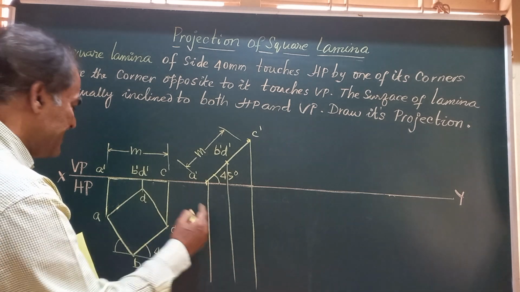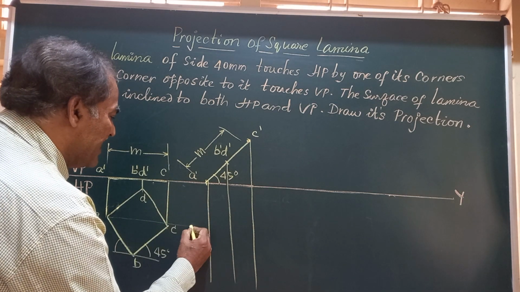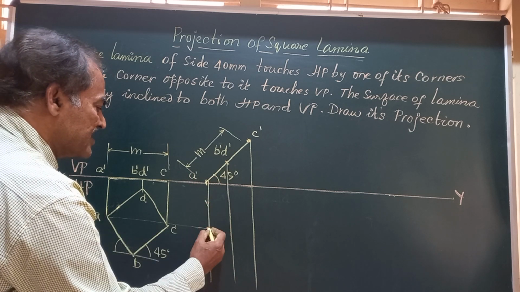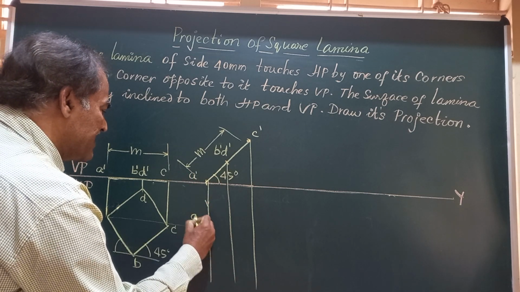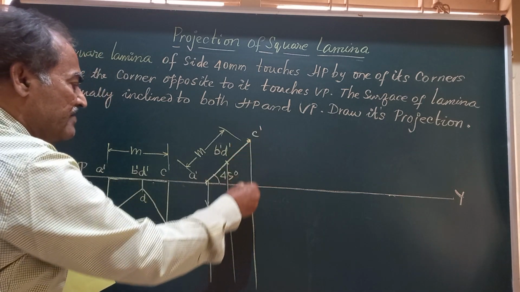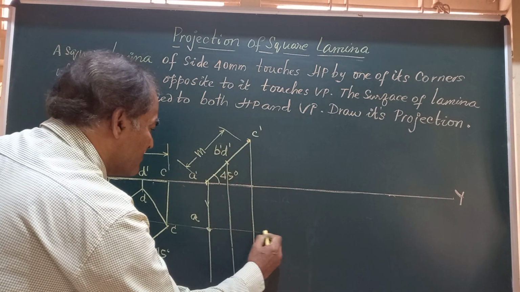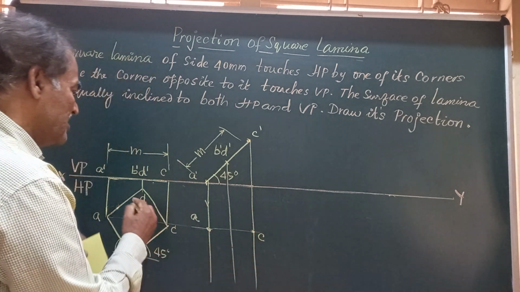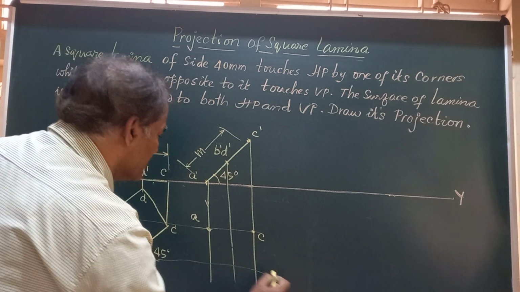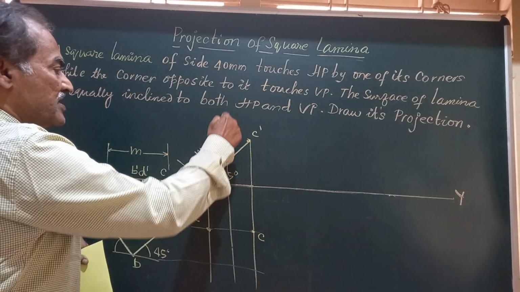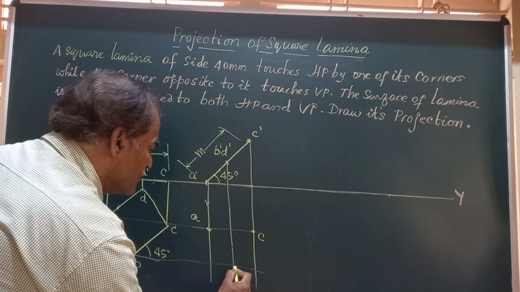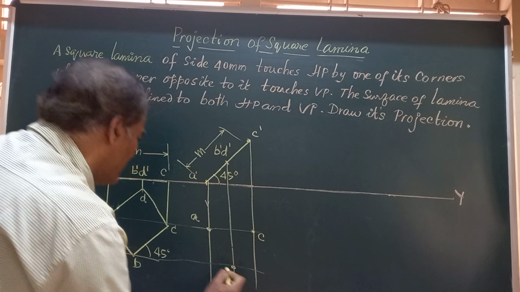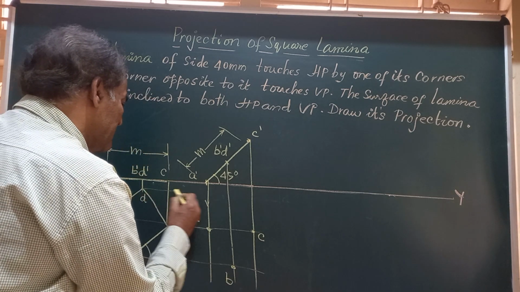Now to get point A, a horizontal line from A and a vertical line from A dash, the point of intersection will give you the point A. Similarly, the horizontal line from C and the vertical line from C dash will intersect here and you get the point C. Then for B, the horizontal line from B and the vertical line from B dash, the point where those two intersect will be the point B. Finally, you obtain this D.